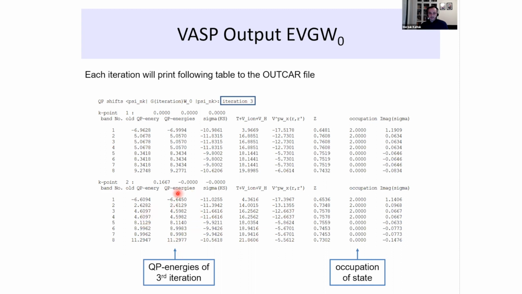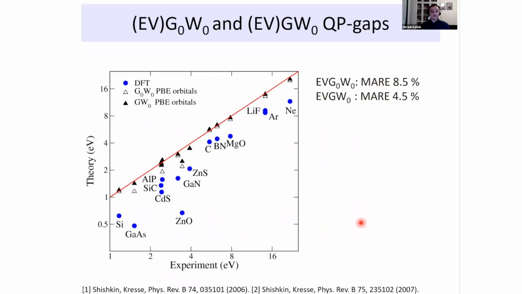And what's interesting for you is again this third column where you have the quasi-particle energies of this iteration, together with the occupancies of the bands. You can determine the band gap and end up hopefully with these black triangles, which are really in good agreement with the experiment.